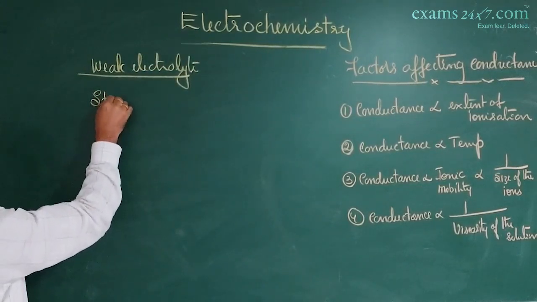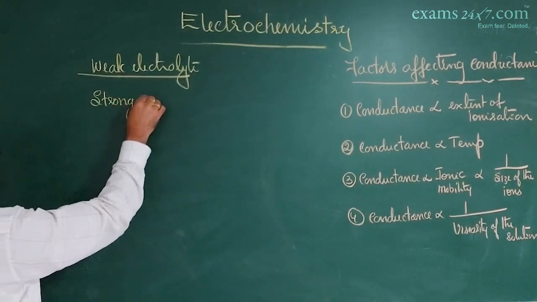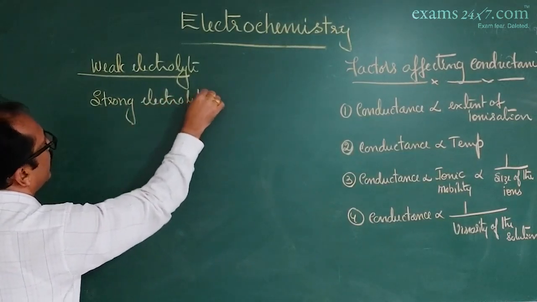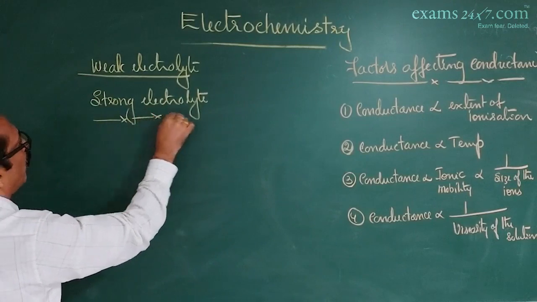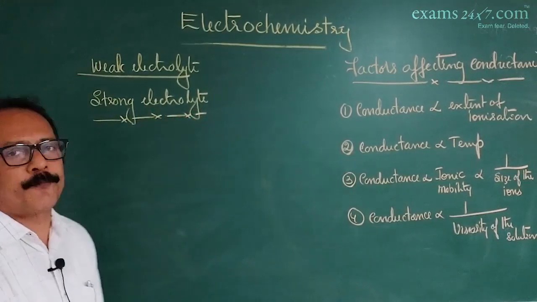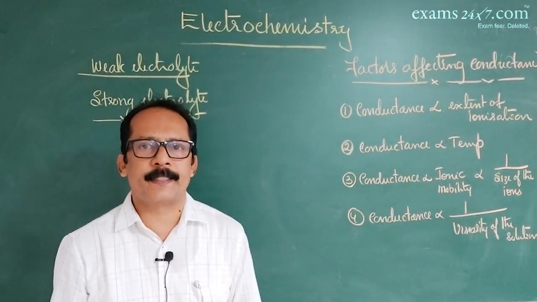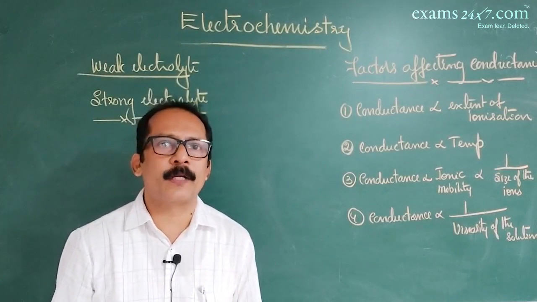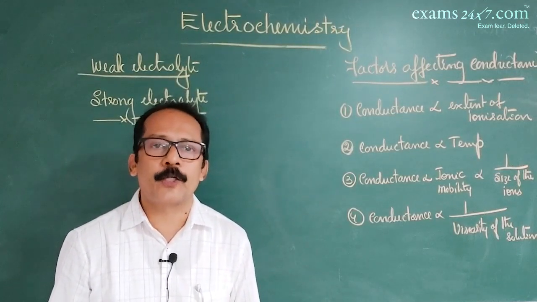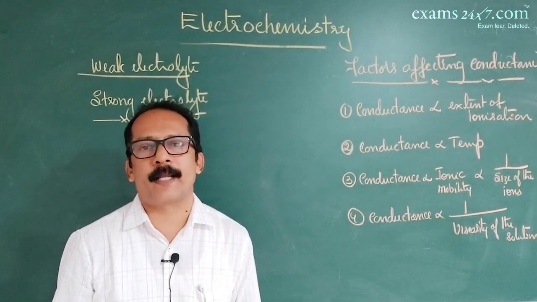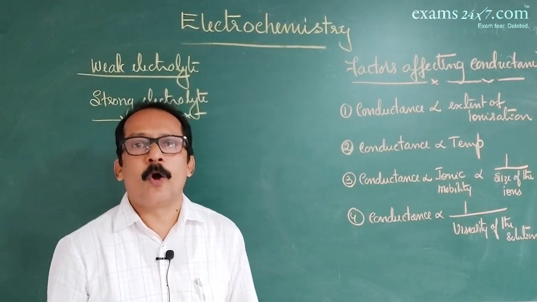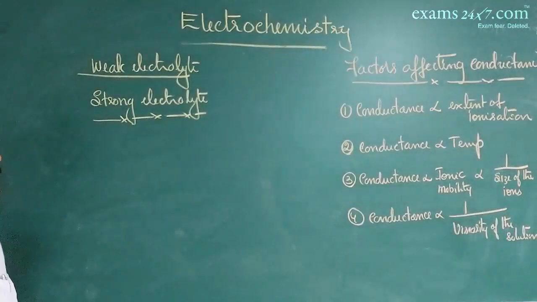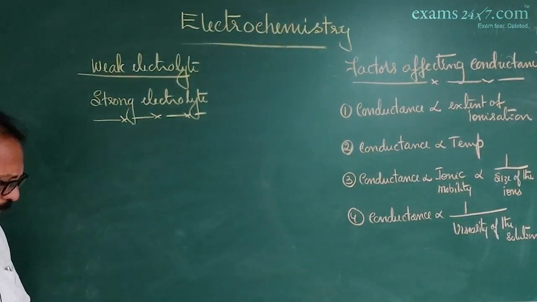Strong electrolytes are those which undergo almost complete ionization when dissolved in water. Strong acids like HCl, sulfuric acid, nitric acid, as well as strong bases like sodium hydroxide, barium hydroxide, and salts like sodium acetate, potassium nitrate, potassium chloride are all examples of strong electrolytes. So these are the two different types of electrolytes.